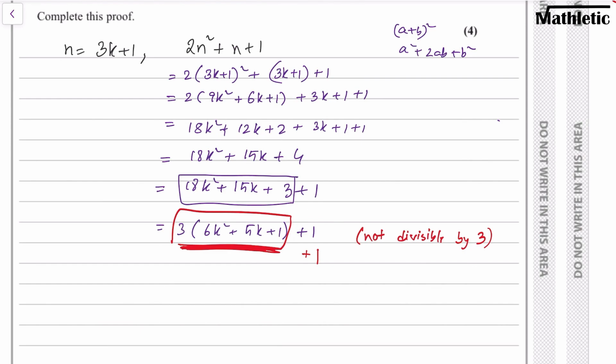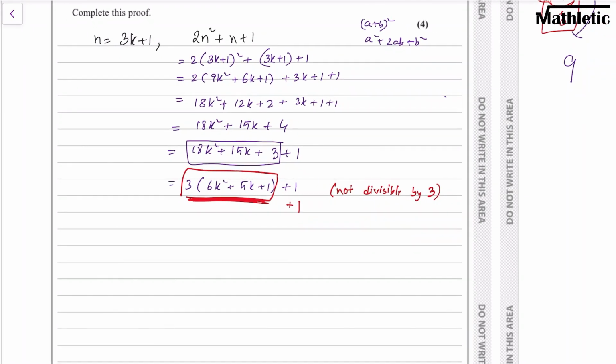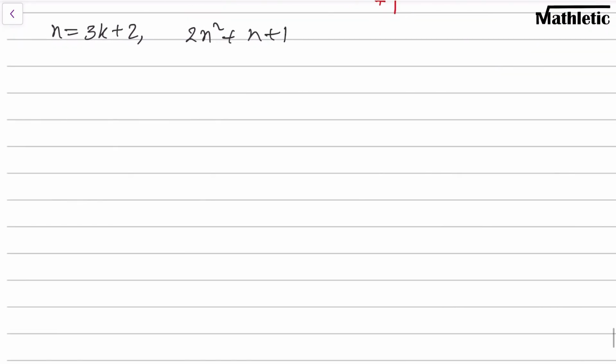So we will repeat the same process using 3k + 2. So the (a + b)² formula, I'm expanding this. 2 into 3 into 2, 2 into 3 into 2.